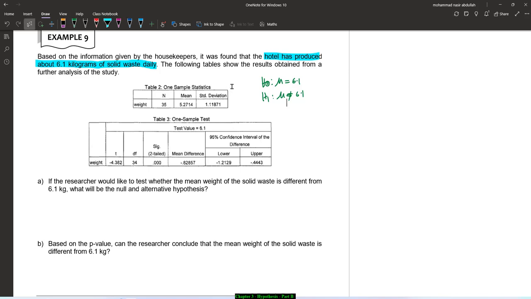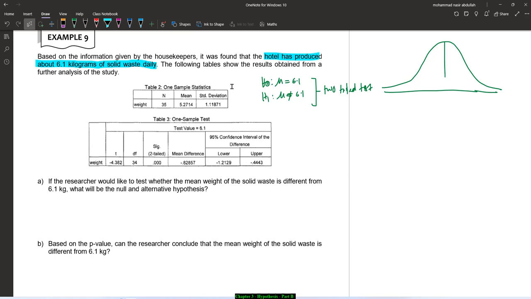So since this is a two-tail test, right? The distribution will be, the rejection area will contain two sides, the right hand side and left hand side, right?